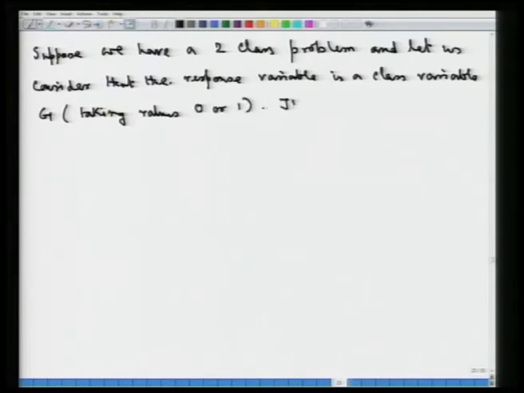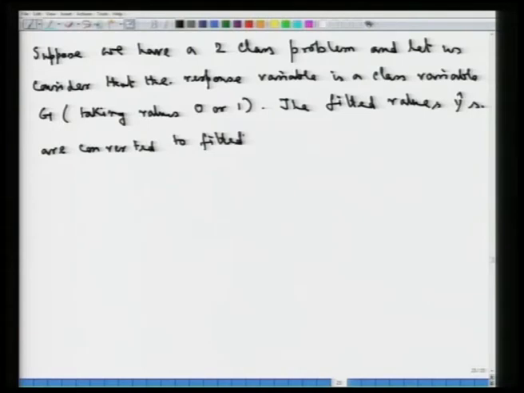The fitted value y hats are converted to fitted classes in the following way.